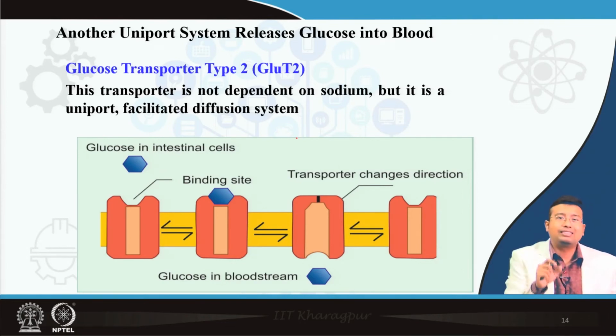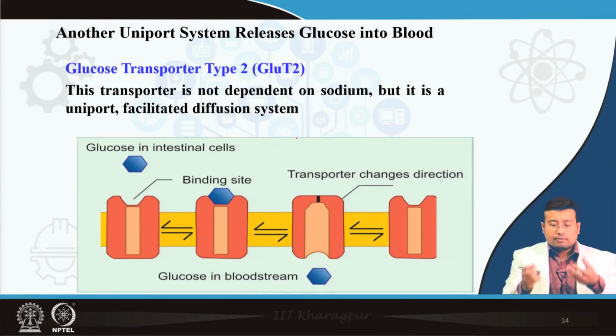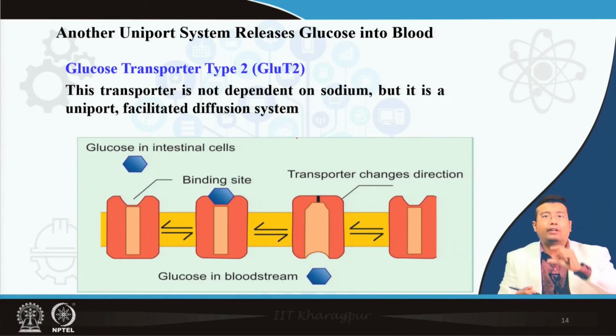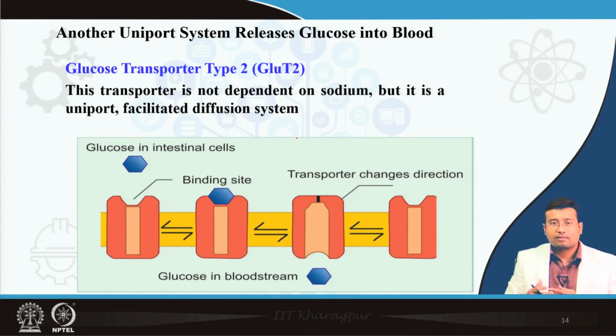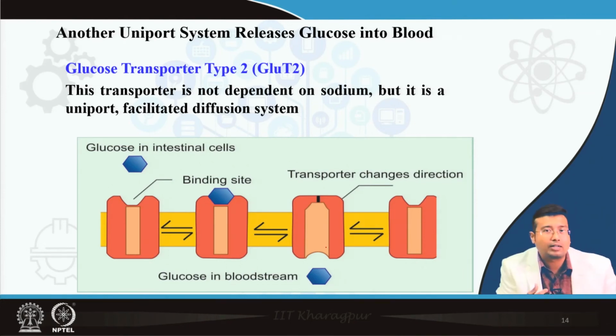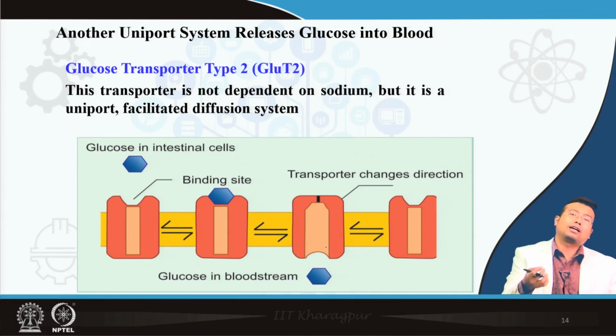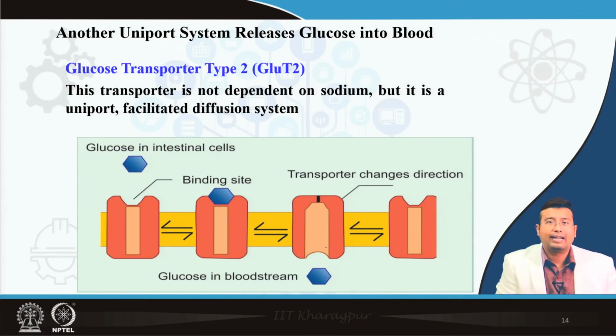So glucose in the intestinal cells binds to the site of the glucose transporter. Just like SGLT, the mechanism is similar. The whole thing flip flops into the inside of the cell, and when the transporter changes its direction, glucose can be transferred inside.